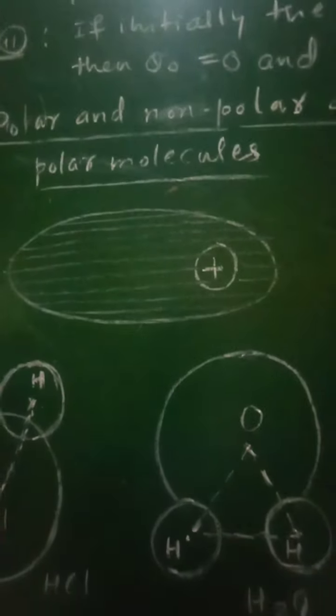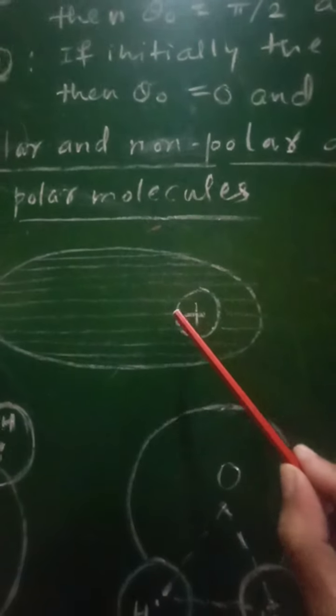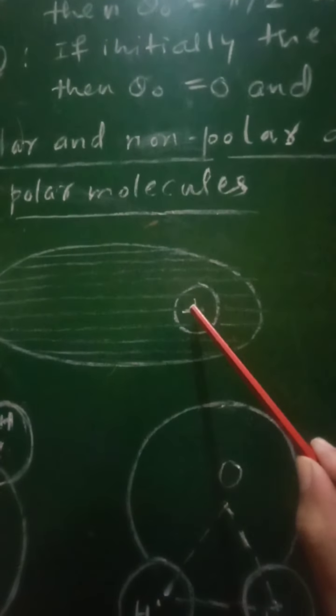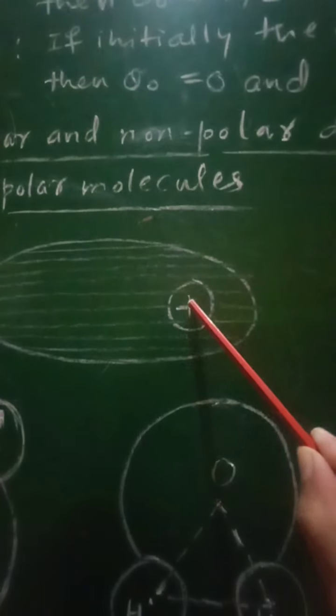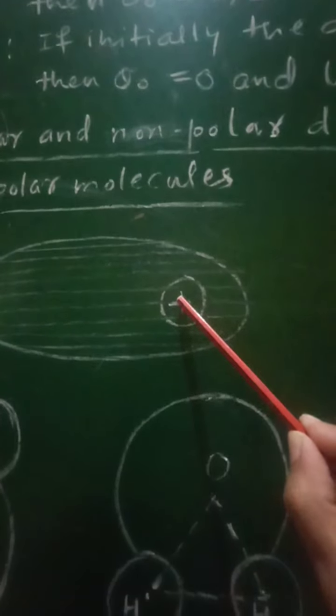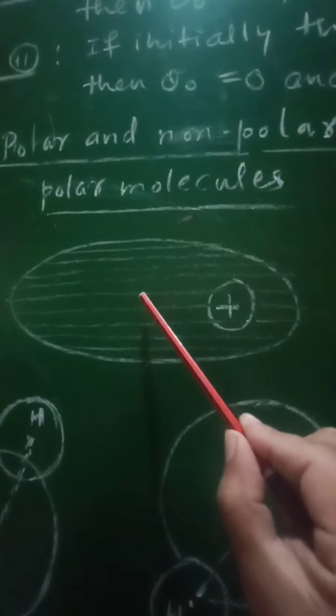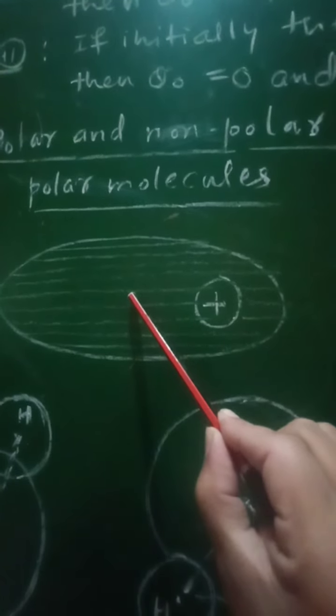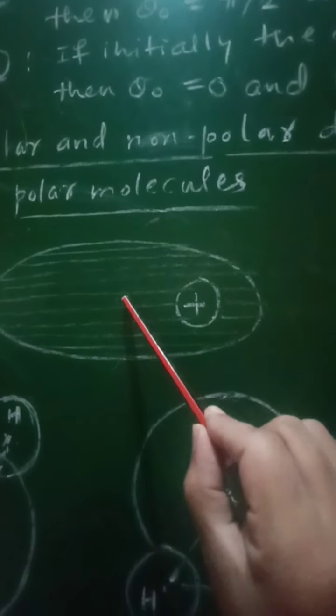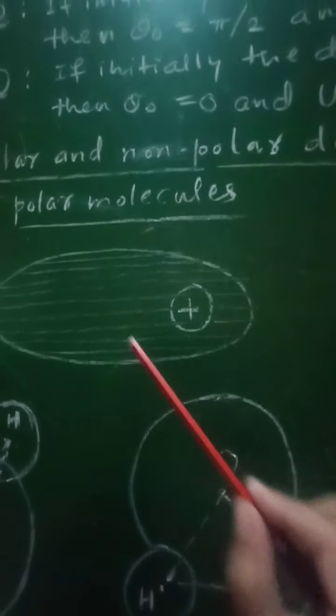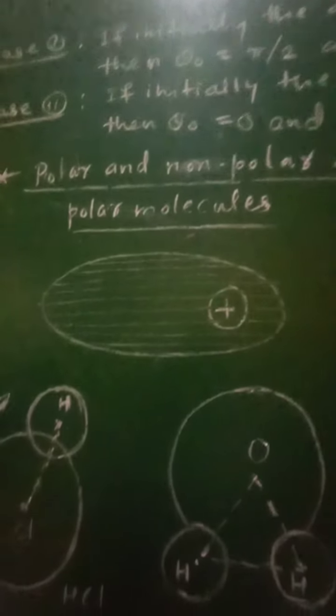In this case, the center of mass of the positive charge will be at the center of this circle and the center of mass of the negative charge will lie here, and therefore they are not coinciding, hence it is a polar molecule.